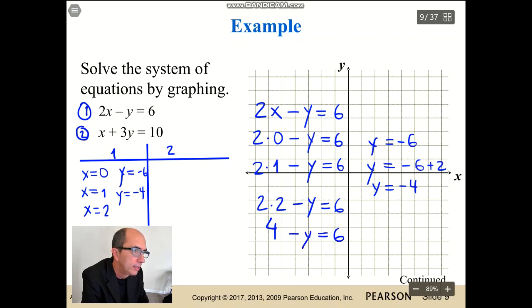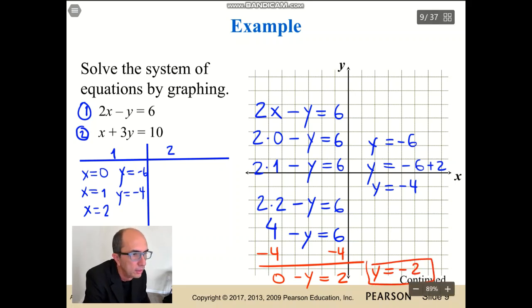So I can subtract 4 on both sides of the equation. Then we have 0 minus y equals 2, and y equals negative 2 if I multiply both sides by negative 1, right? So y equals negative 2.